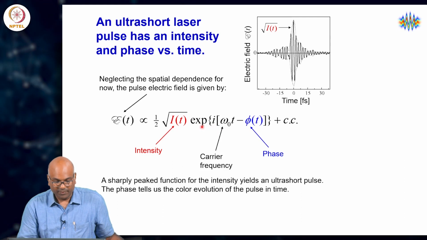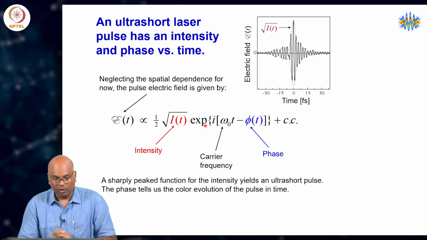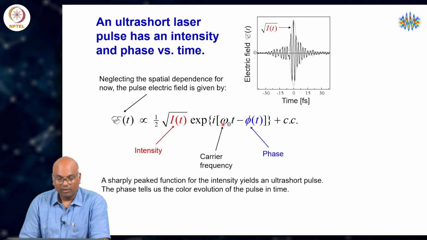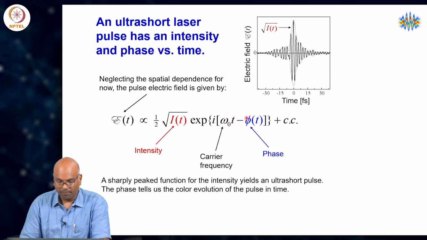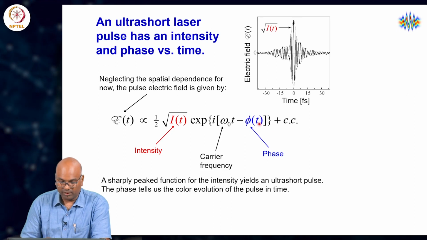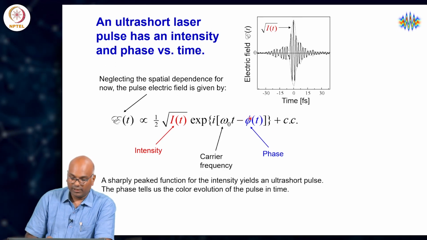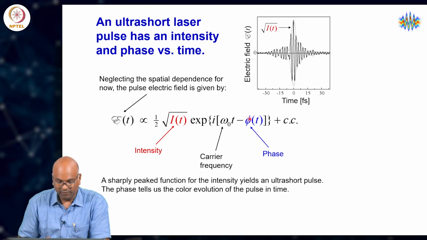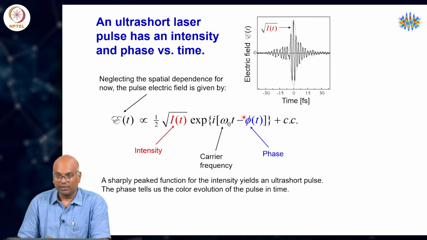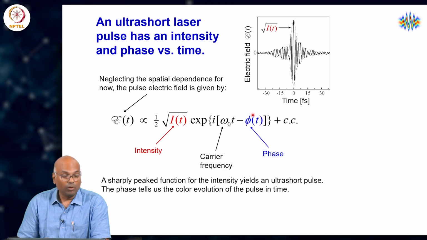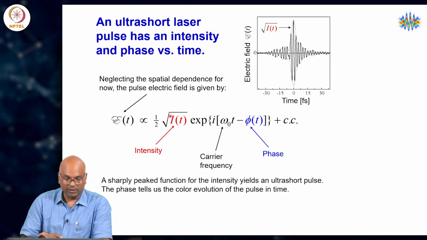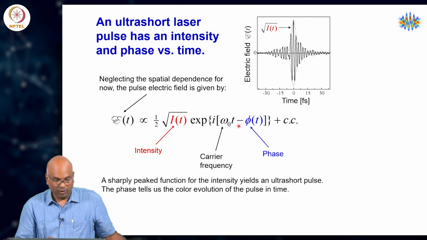And we have in the complex exponent two terms: a fast varying carrier frequency omega naught multiplying t, minus a phase term phi of t, which is essentially again a relatively slow variation of the phase along similar time scales as the envelope function, which is square root of I of t.